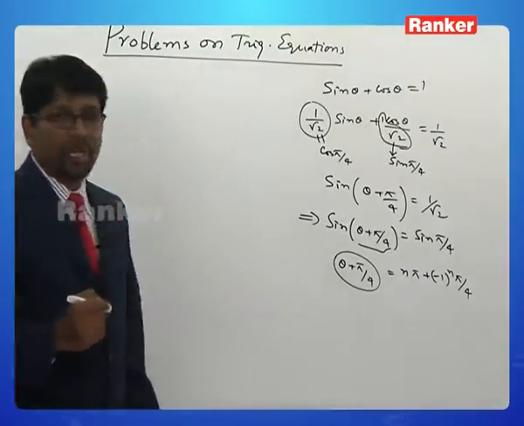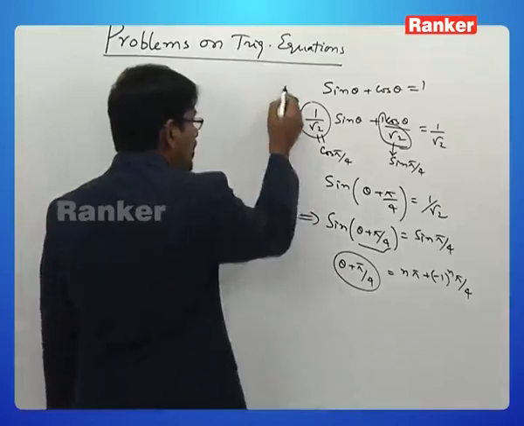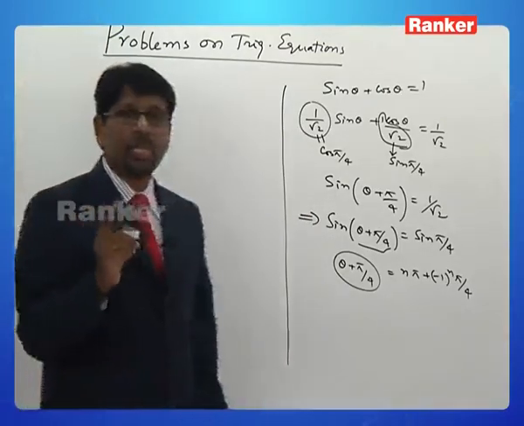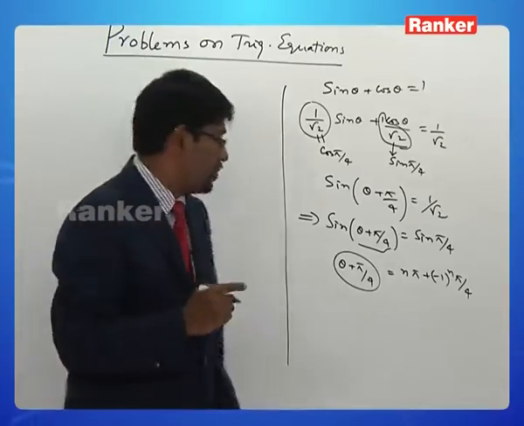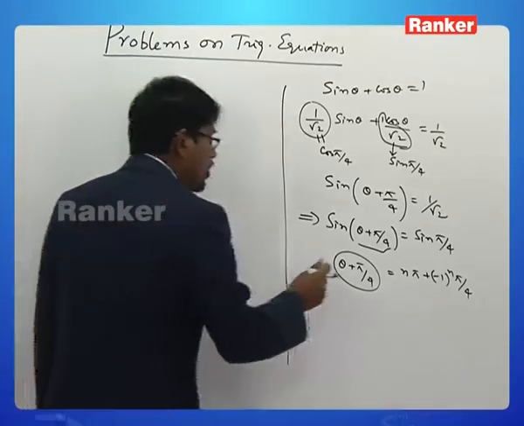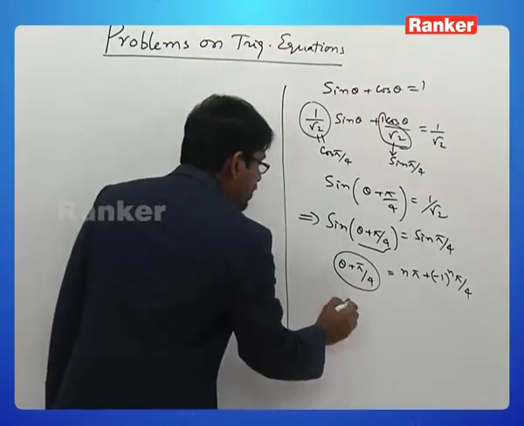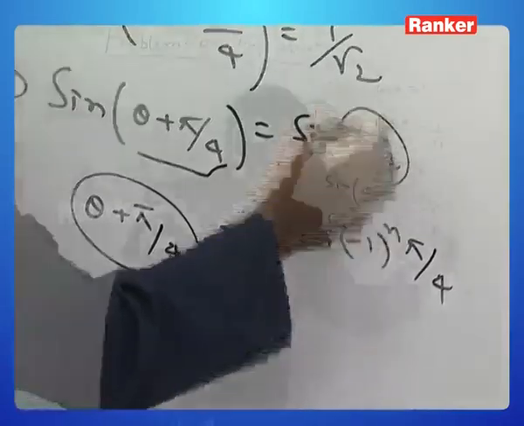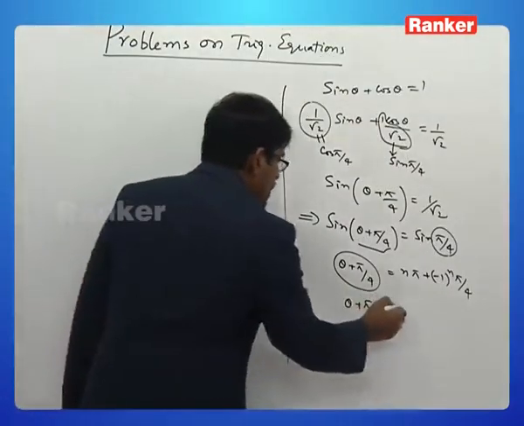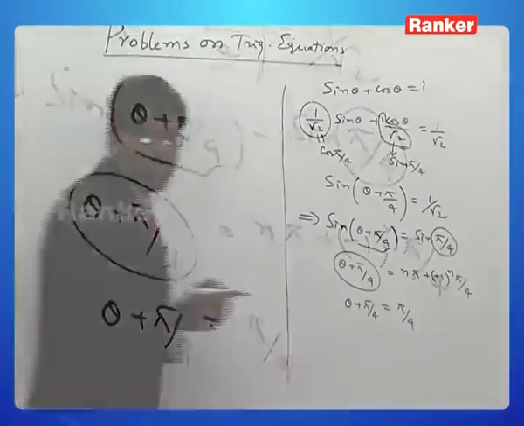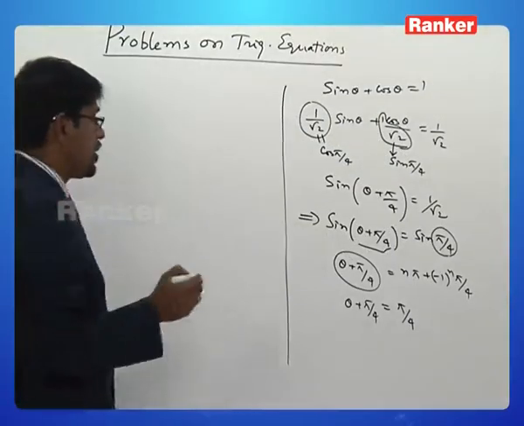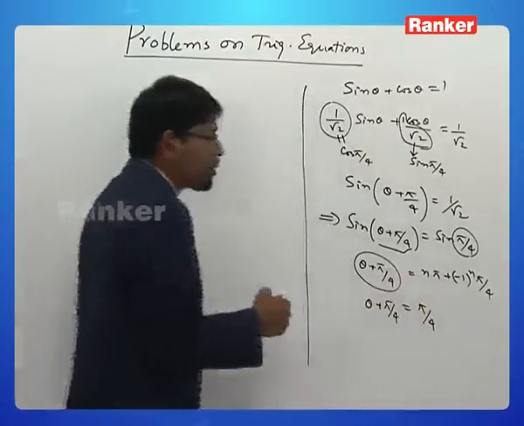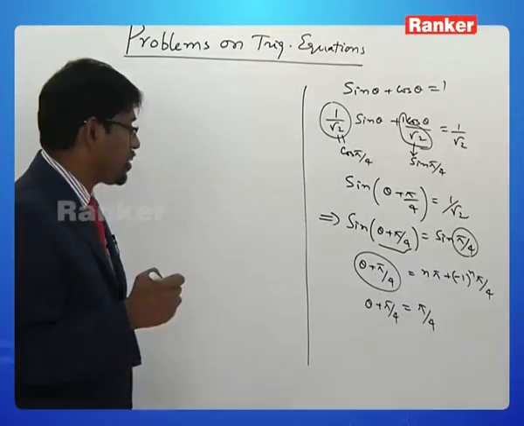We wanted the principal value of theta plus pi by 4. What do you mean by principal value? That value which lies between minus pi by 2 to pi by 2. So here theta plus pi by 4 has to be pi by 4. So the principal value of theta plus pi by 4 is pi by 4, because that is the only value which will lie between minus pi by 2 to pi by 2.